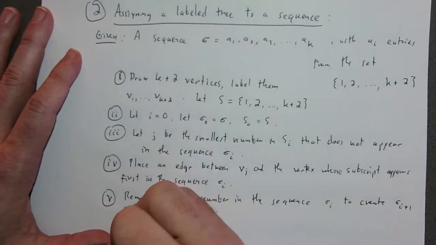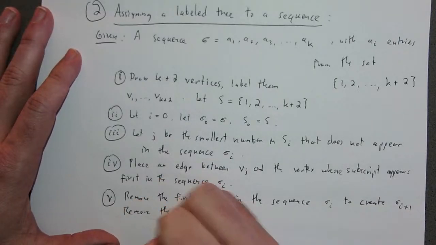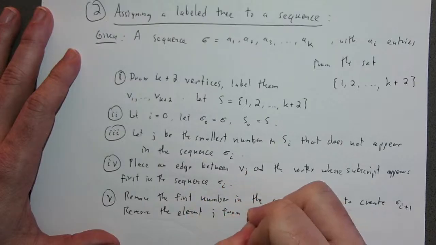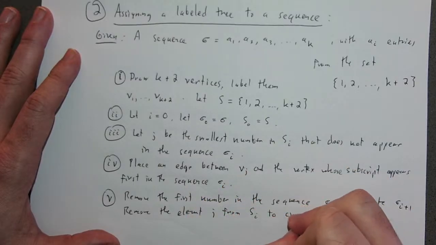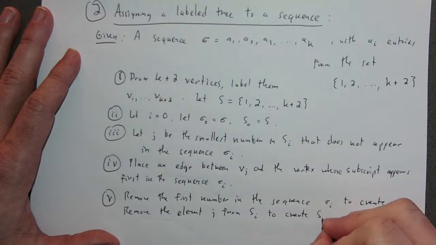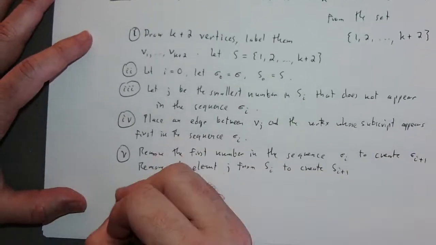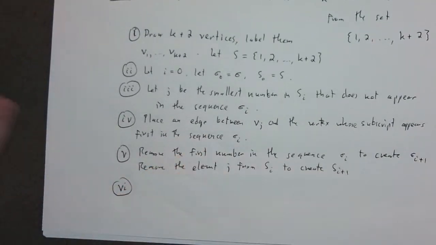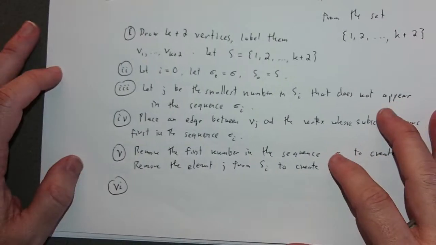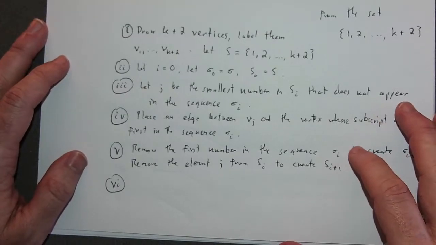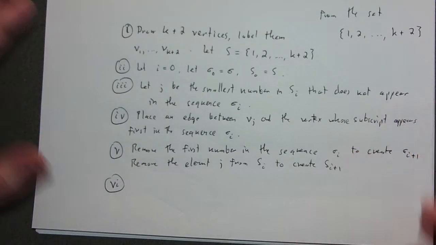Remove the element j from the set S sub I to create S sub I plus 1. And 6. If this sequence is empty, place an edge between the two vertices whose subscripts are in S sub I plus 1 and stop. Otherwise, increment I by 1, return to step 3.